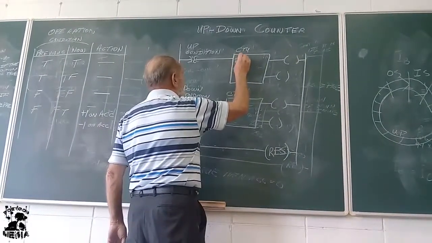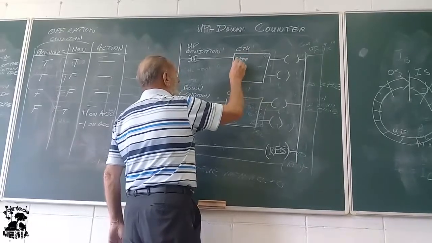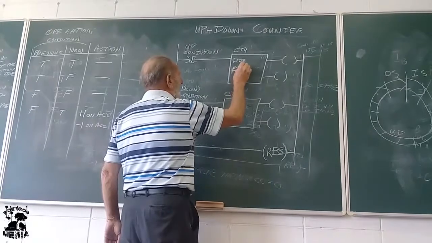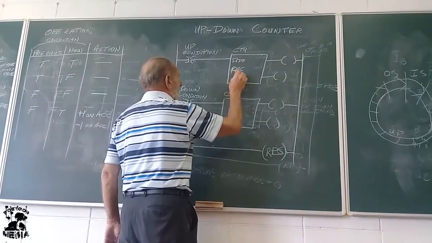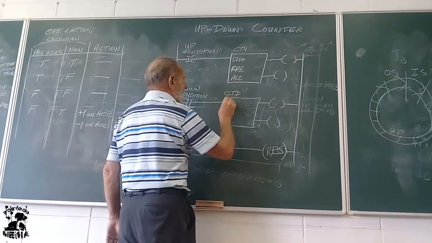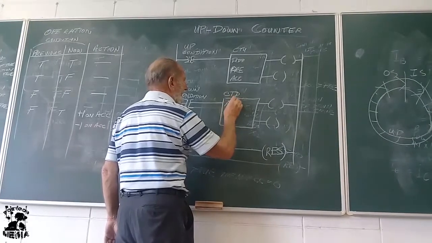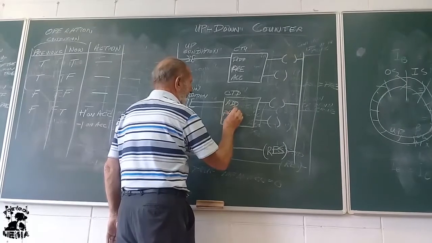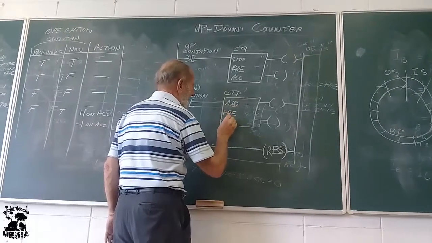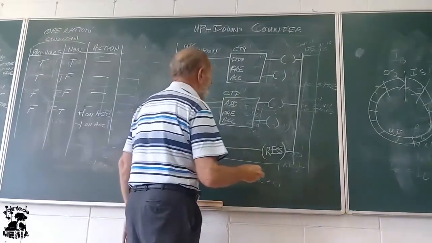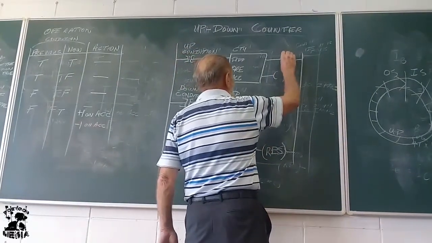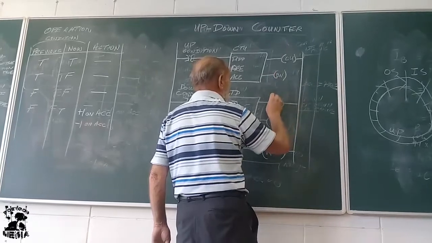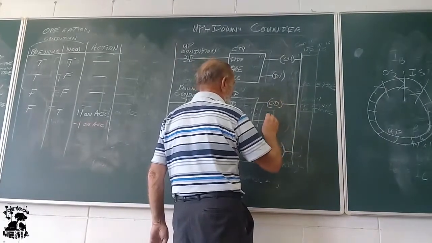Address, preset, accumulator. Address, preset, accumulator. CU, DN. CD, DN.